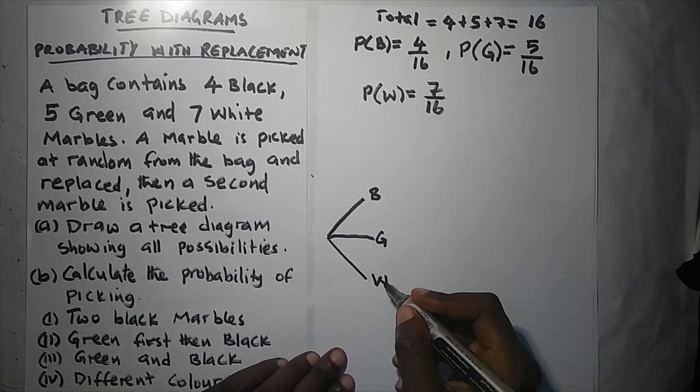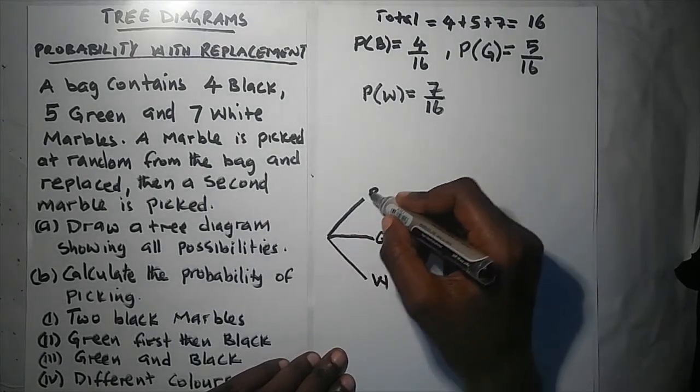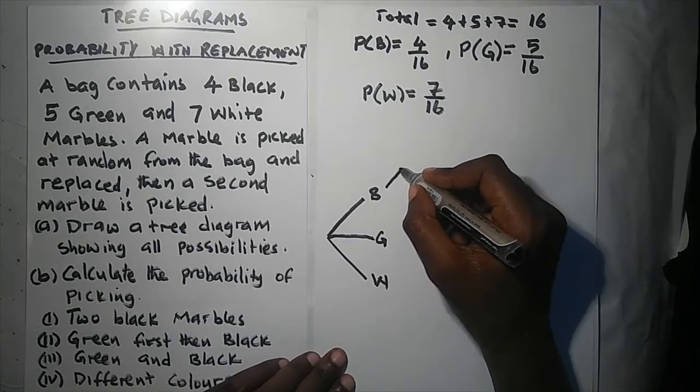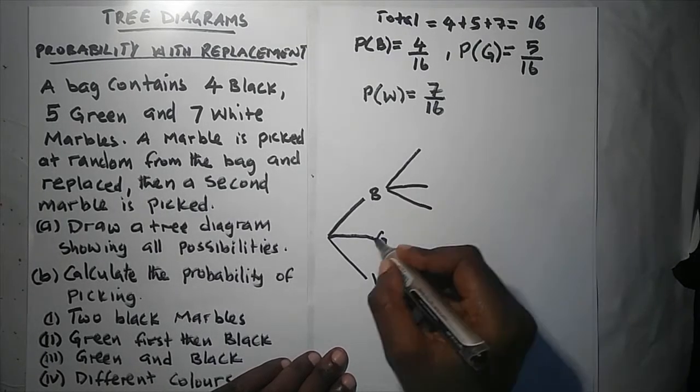Since we are picking twice, you pick the first time, you replace, and then you pick again. So each of these is going to produce branches. Black here is going to have black, green, and white, just like the first one that we drew.